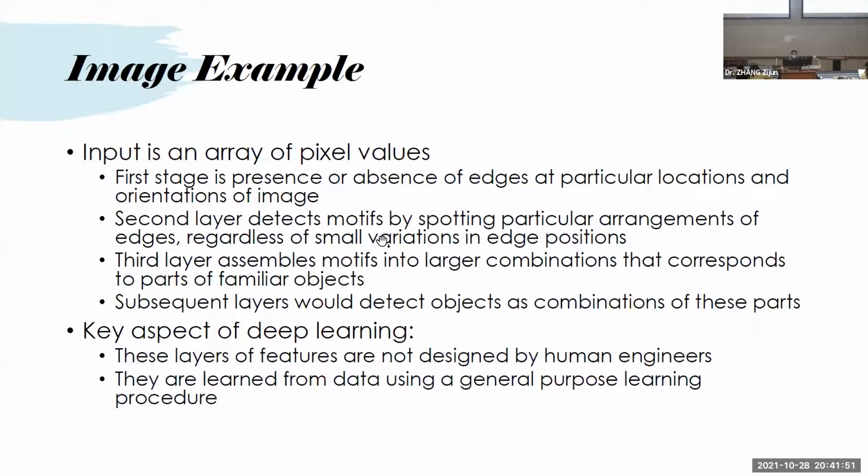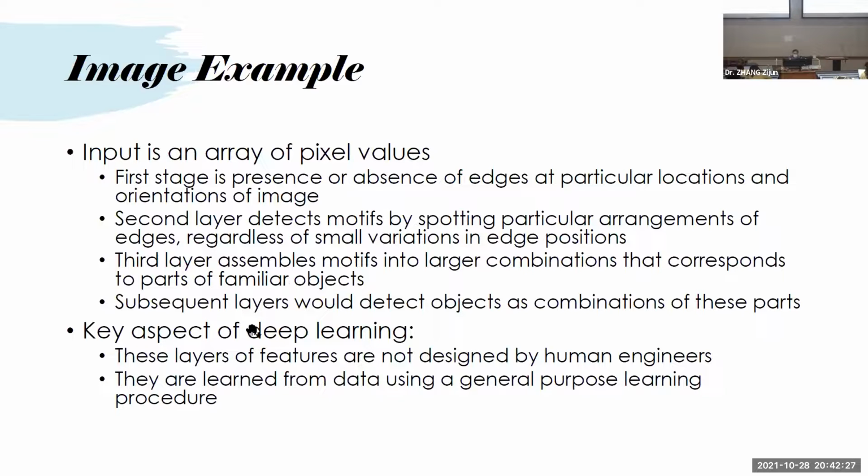Then the second layer detects motifs by spotting particular arrangements of edges, regardless of small variations in edge position. You do a further weighted average of those motifs, then the third layer assembles motifs into larger combinations corresponding to parts of familiar objects. Those would be very informative features for later classification or regression.